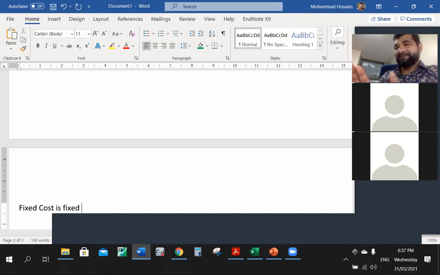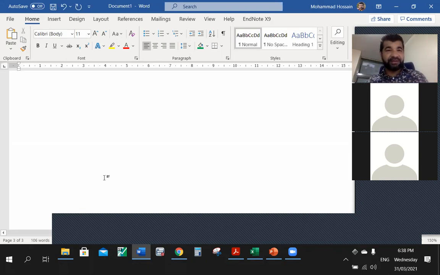If you don't produce, you don't need the fabric, the buttons, or the stitches. If you do produce, you will need them. So when your cost increases with your production volume, that is your variable cost. And fixed cost is fixed. You produce or not, it doesn't matter. Okay, and let me draw this graph here.